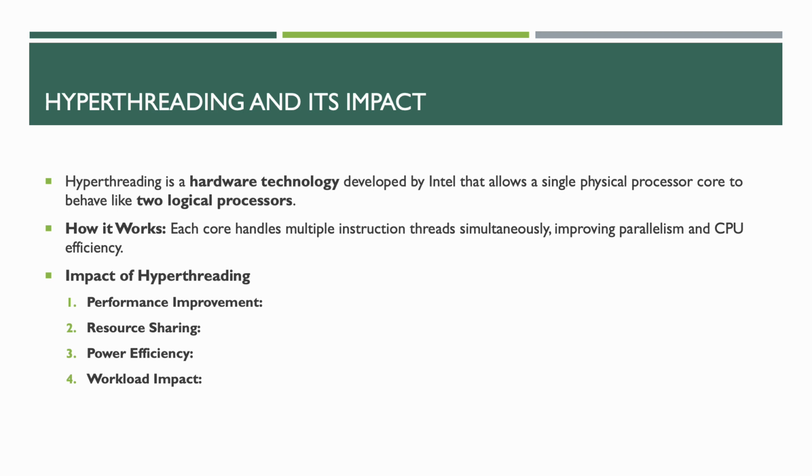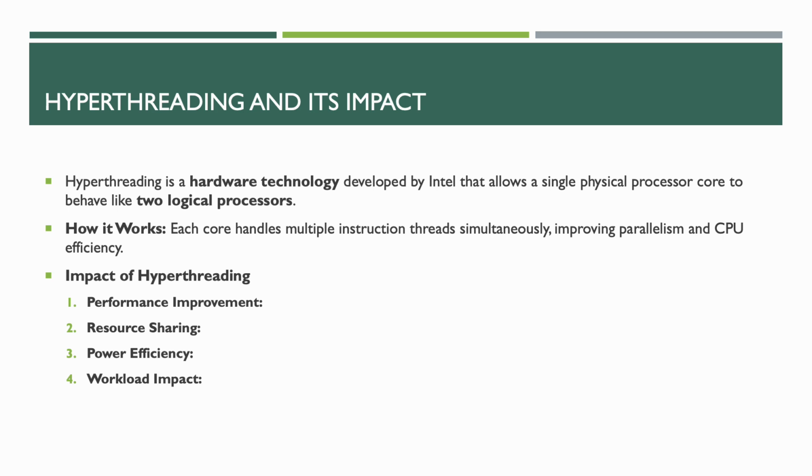Each core divided into two logical processors, allowing the CPU to handle more tasks in parallel without requiring additional physical cores. It was introduced by Intel to improve parallelism and CPU resource utilization. Now, a single core has two separate execution units that can process different instruction threads concurrently.